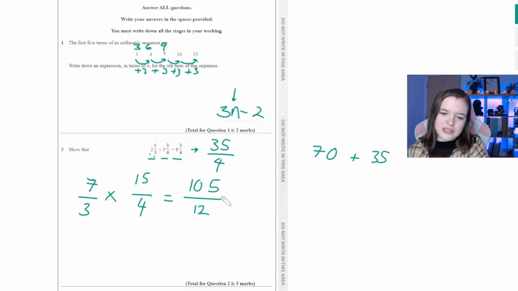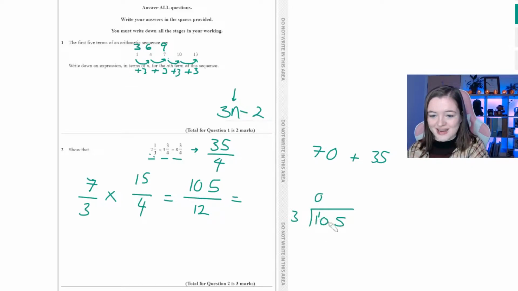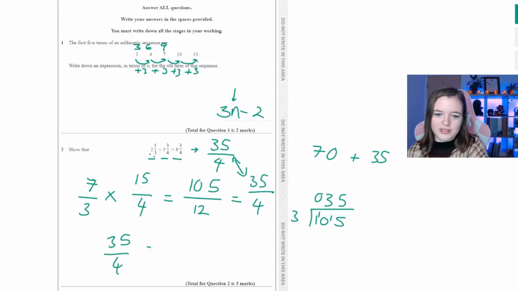Then I'm going to simplify this by dividing both of them by 3. 105 divided by 3, let's figure out what that is. 3 into 1 doesn't go. 3 into 10 goes 3 times with 1 left over. 3 into 15 goes 5. So 35 over 4. And would you look at that? It's the same. So 35 over 4 is equal to 8 3/4. And that would be 3 marks.